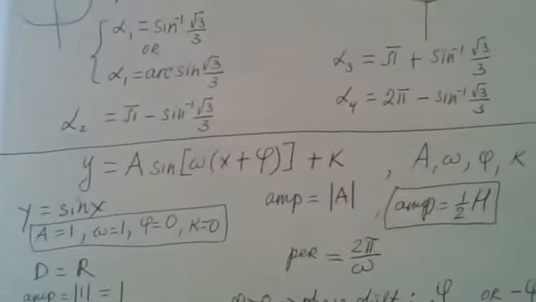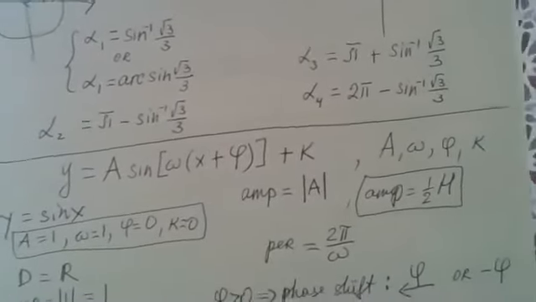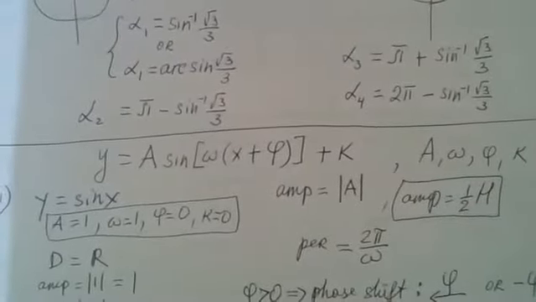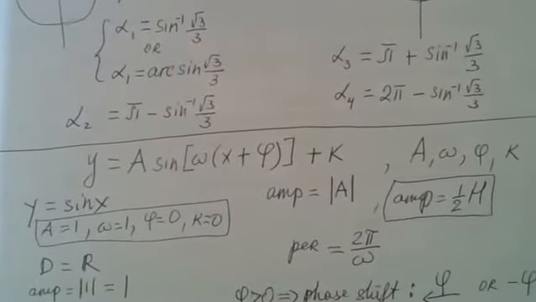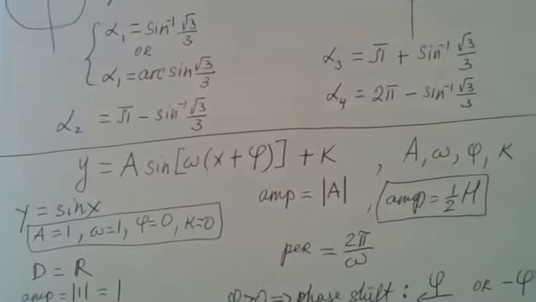For example, for our basic y equals sine x, k is equal to 0, which means there is no vertical shift. But k plays another role as well. That parameter k tells us about the midline of the graph.